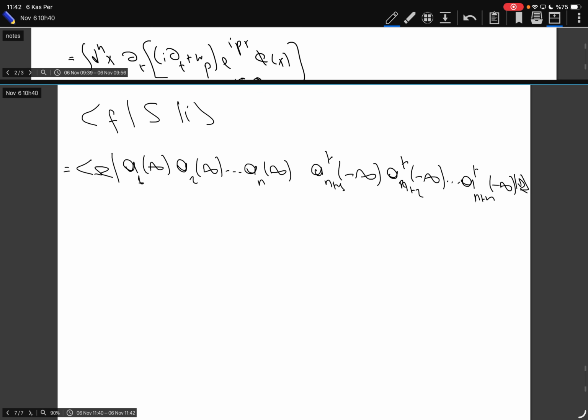It doesn't have to be empty, but most of the time we will take it to be empty.